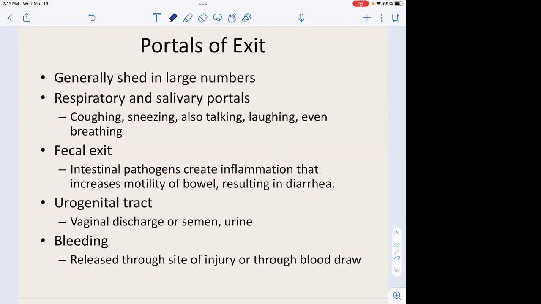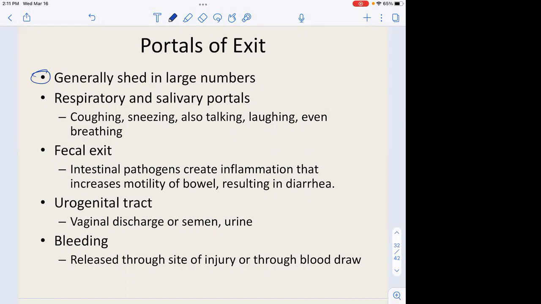The one principle to understand is that usually pathogens are going to leave that host in much greater number than when they came in. You might have breathed in only a few measles viruses, but after that infection takes hold, you're probably coughing out millions and millions more. So generally they are shed in large numbers.